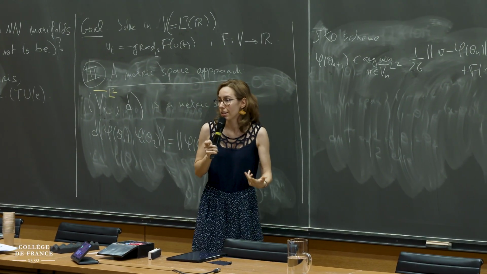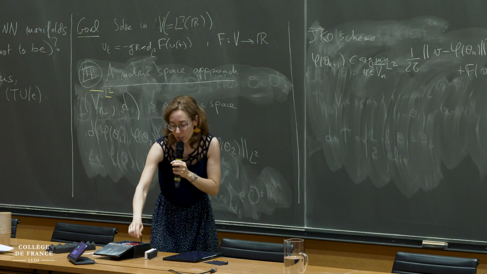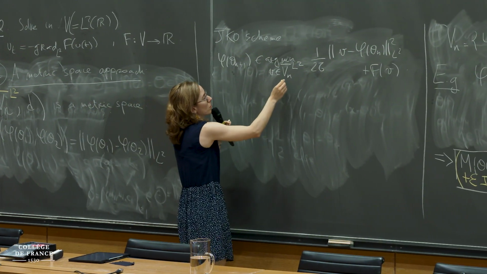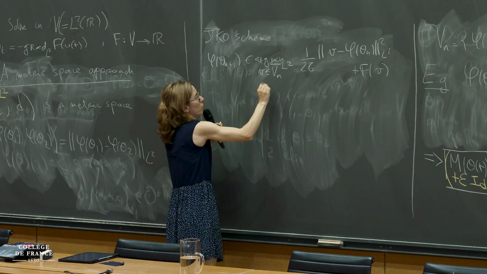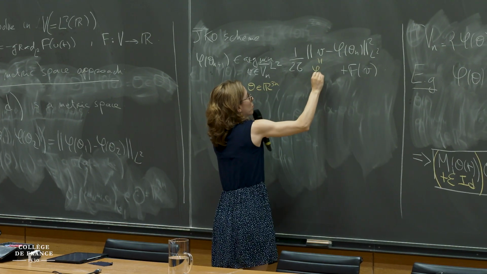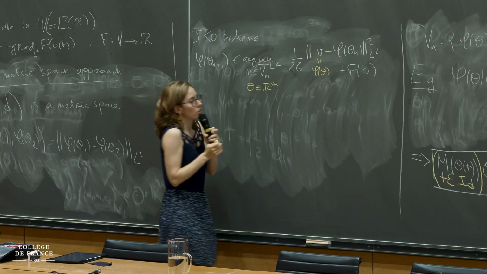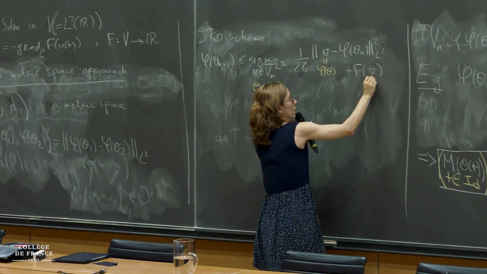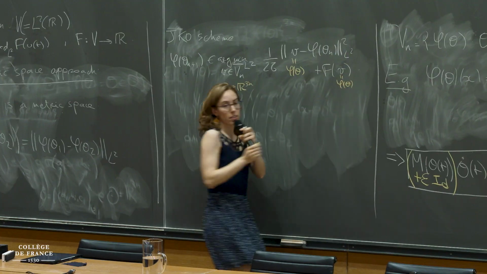And in practice, this leads to a minimization problem, because I'm going to search for parameters in R3n, and so this thing is equal to phi of theta. So I'm going to search for the phi of theta that is minimizing this expression over here.